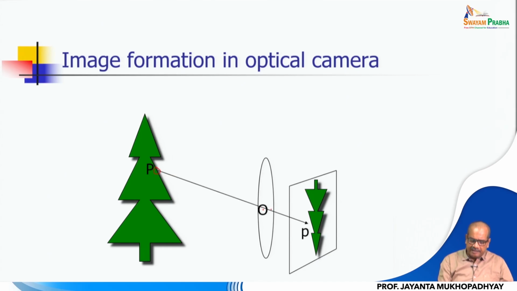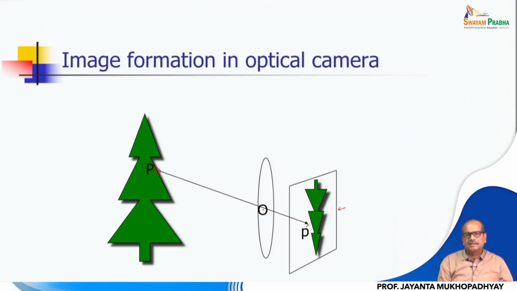That straight line, when it intersects a plane of projection, that means the plane where these points are to be projected, that intersecting point is the projected point of the three-dimensional point P. We call this point the image point, and we also call this plane the image plane.